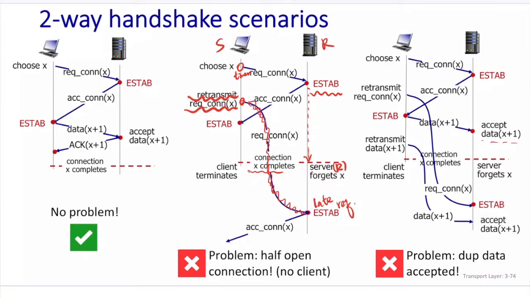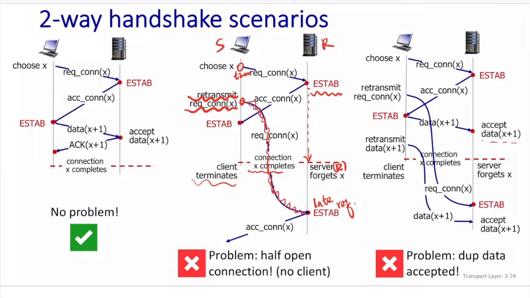But at this moment, maybe the sender already terminated all the communications. That means any retransmitted request or late request or delayed request will cause the receiver to establish a connection again. But that is not what the sender intends to do. Okay?